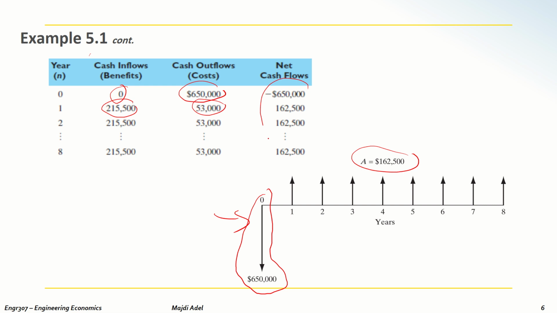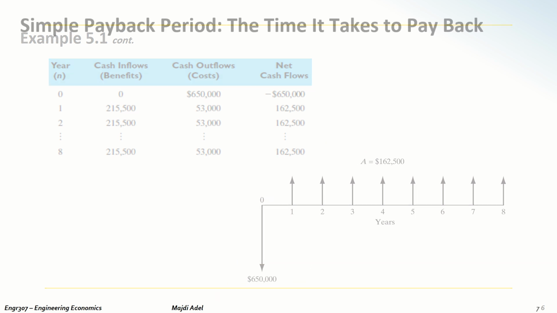And the net cash flow is the summation of cash inflow minus cash outflow. And remember that the cash outflow has a negative sign, so this is minus $650,000.